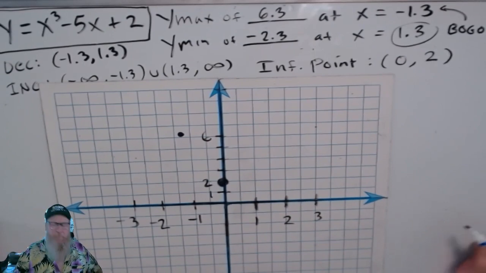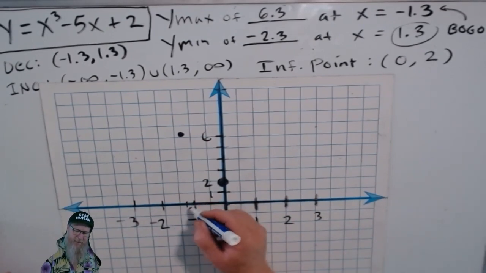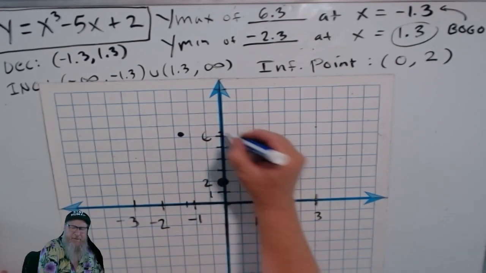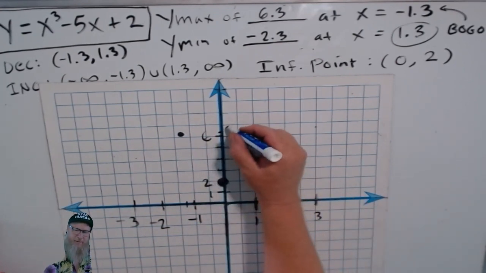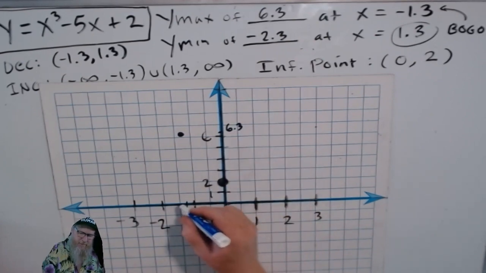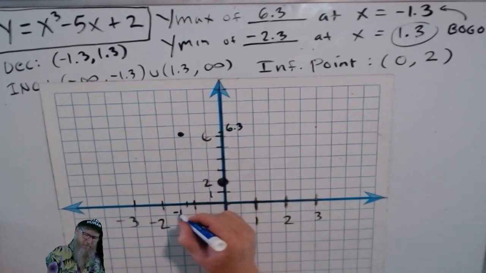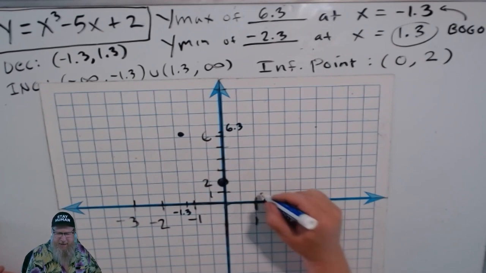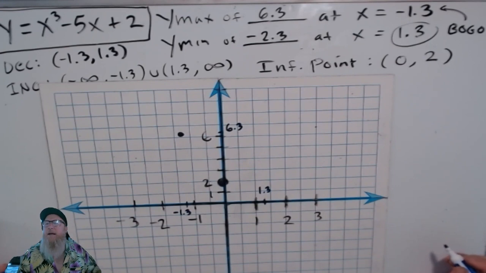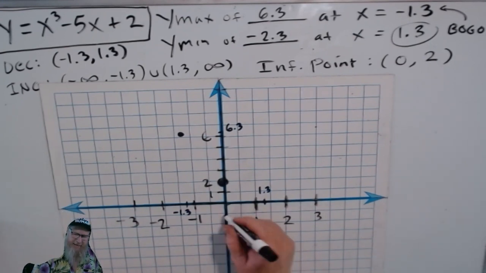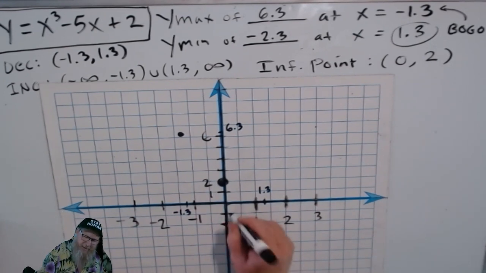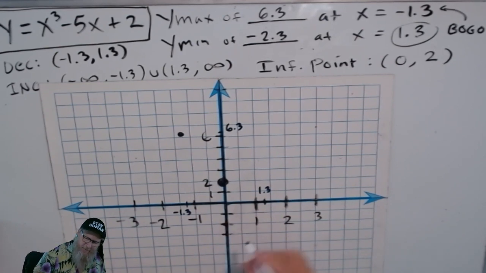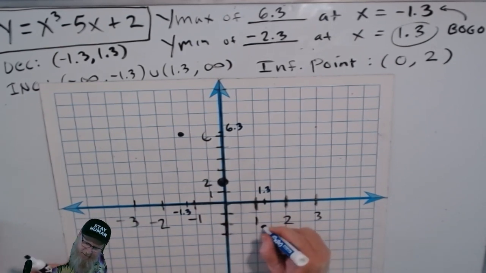Again, it doesn't have to be too precise, just a little bit past -1 and a little bit above 6. All right. And then I got my positive 1.3. My min will be down here at -2.3. So right about here.